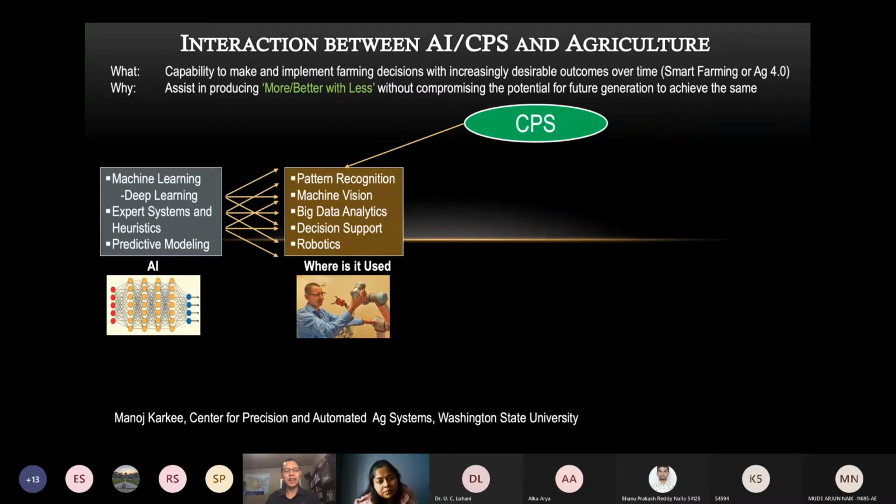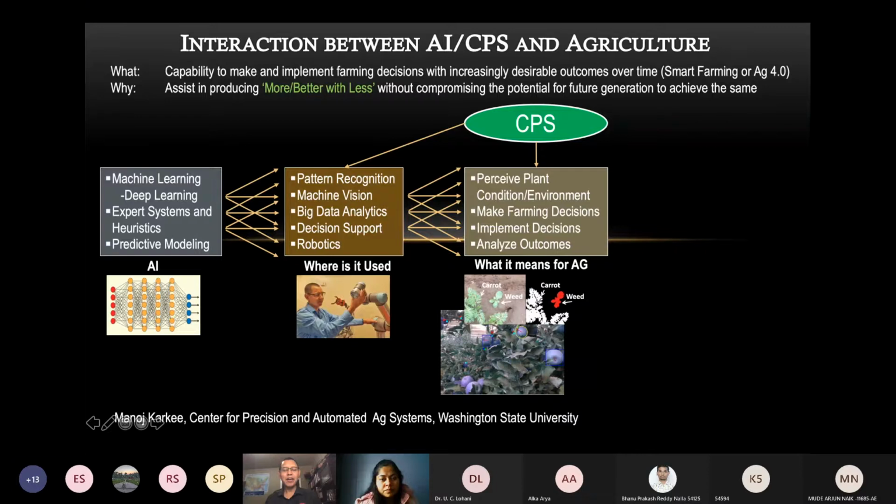So these are the technologies that benefit from and are developed by using fundamental AI principles and the infrastructures and the facilities or features provided by cyber physical systems. Now, these technologies such as machine learning and decision support systems could be used to achieve certain aspects or operations in agricultural field.